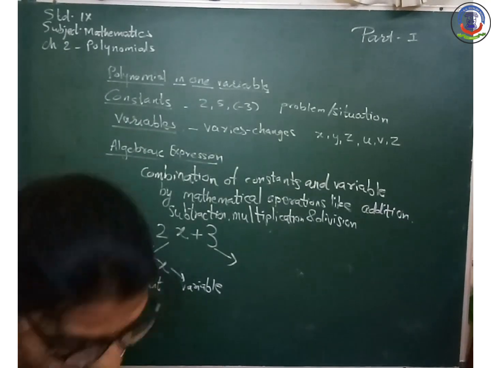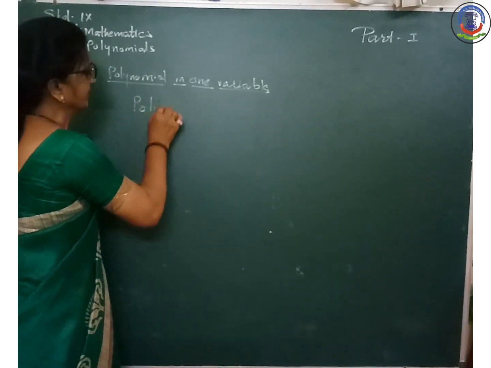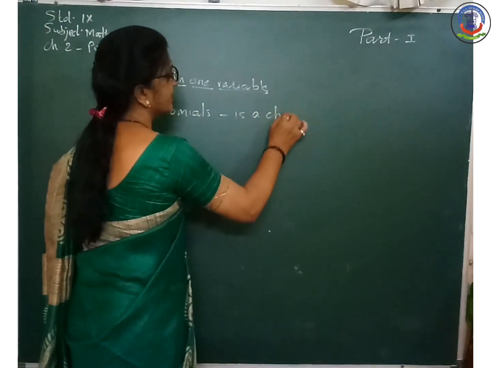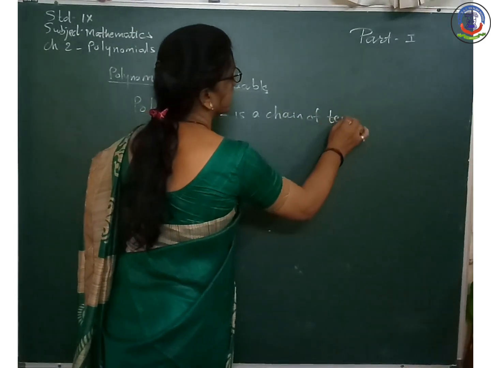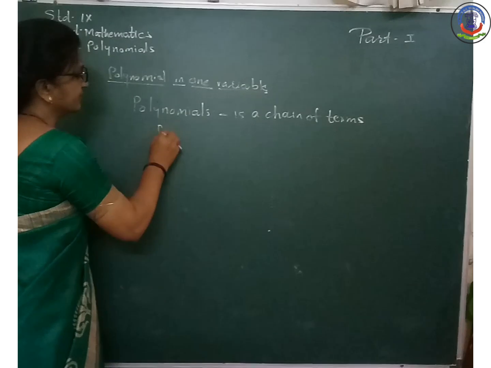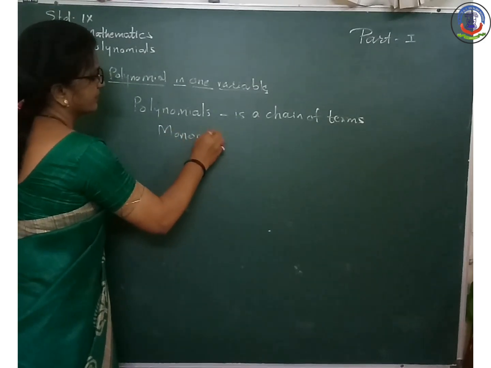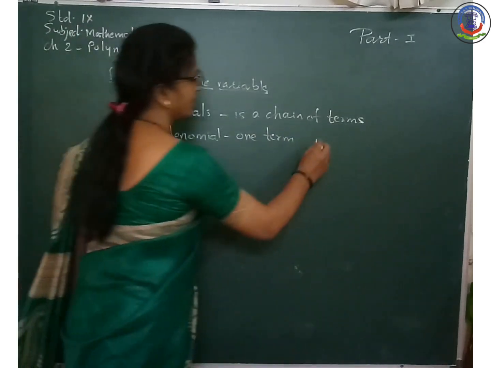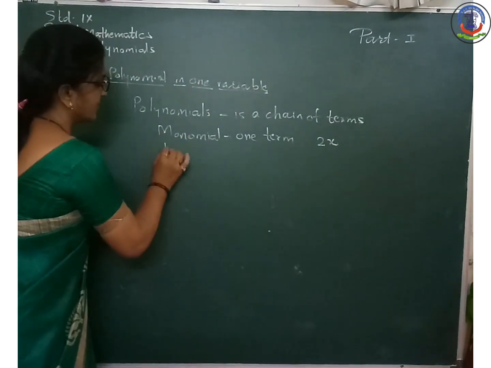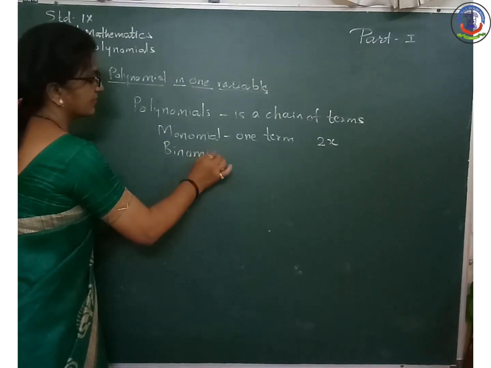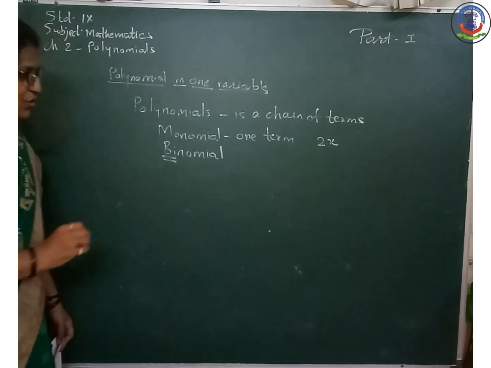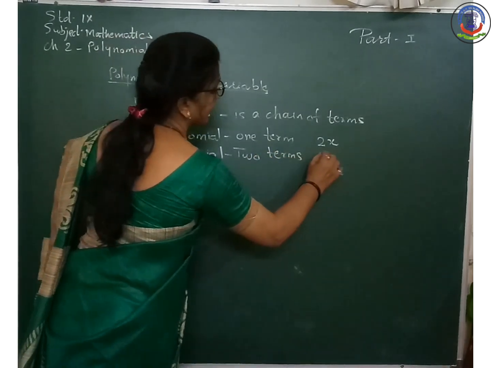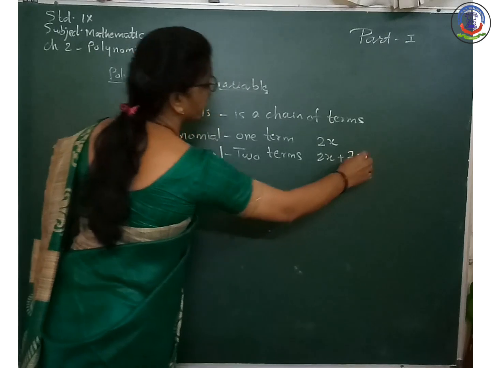Now we will study the next example. A polynomial is a chain of terms. Monomial has only one term, for example 2x. Binomial: the word bi itself shows it is a combination of two terms, that is 2x plus 7.